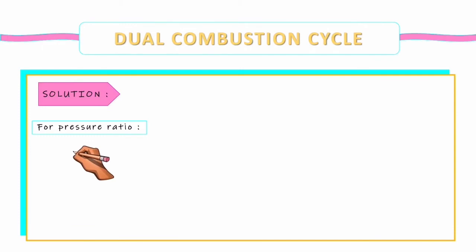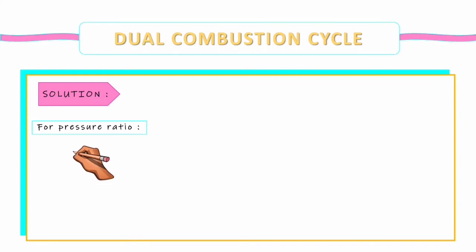For the pressure ratio, there are also different formulas that we can use. But if you already have all the values of PVT at each point, you can now solve it using any of these, which is Rp is equals to P3 over P2 or Rp is equals to T3 over T2.